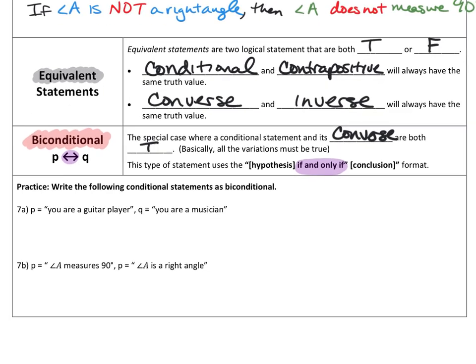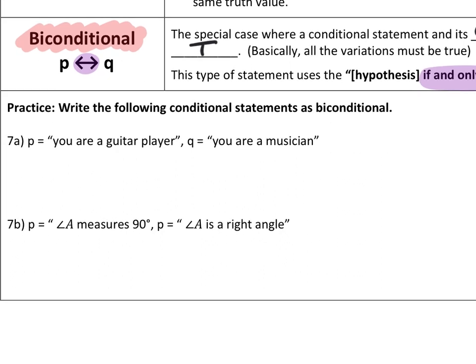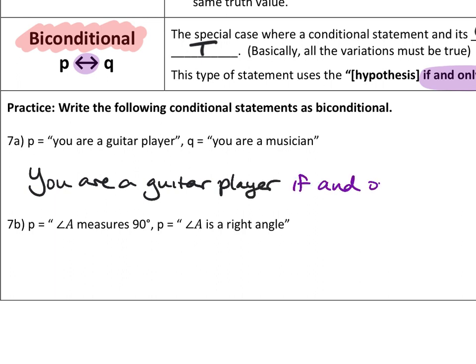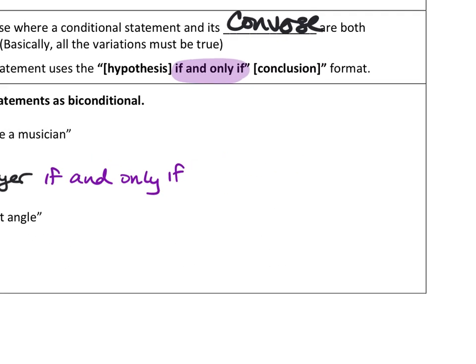So if we're going to write our statements that we've been working with as biconditionals, here's how it would work. You would say, no if. You are a guitar player if and only if you are a musician.